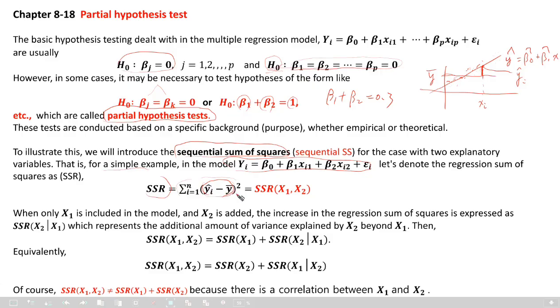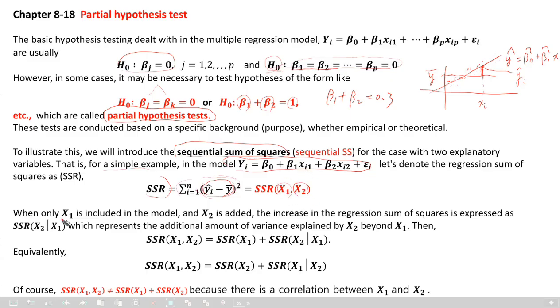So, just simply reviewing the previous point, we denote it by SSR of x1, x2. This is explained by only two explanatory variables, x1, x2, right?